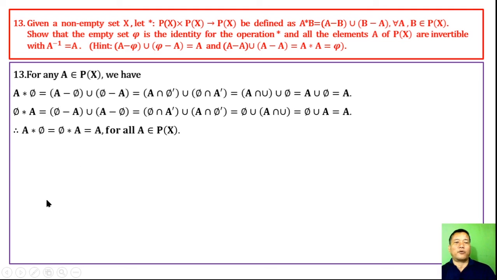Thus phi is the identity element in P(X) for the asterisk binary operation.